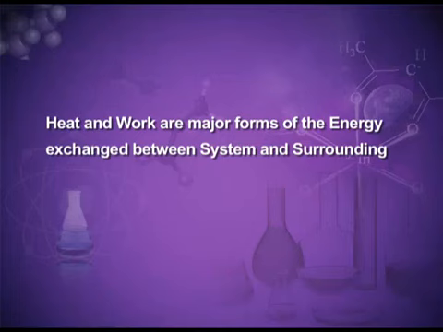Dear students, we have studied that heat and work are the major forms of energy exchange between system and surroundings. Heat change only takes place when there is a difference in the temperature of system and surroundings, and the heat exchange takes place till the system and surroundings attain the same temperature.